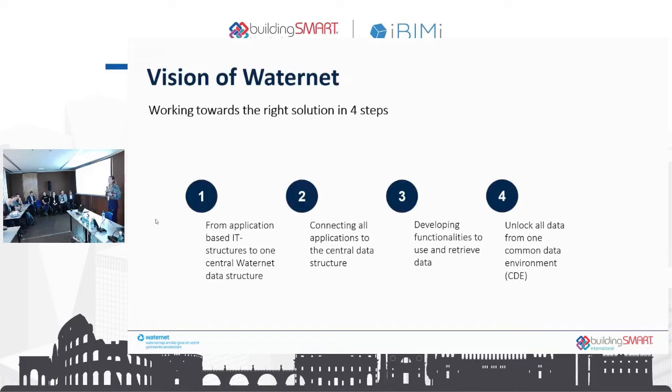When we have a better ontology, we want to connect this to all the different systems and use it as a central data structure for these systems, which will make it easier to go later to one central database where all the different applications are connected. The bSDD will help us to deliver the ontology to the different parties, so that we can use the data structure which we need.